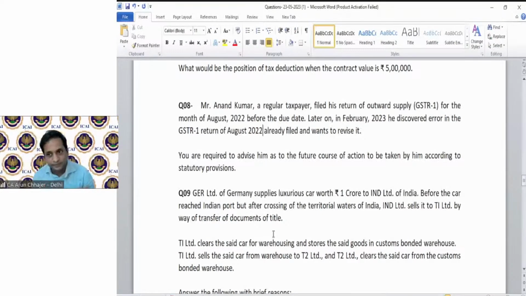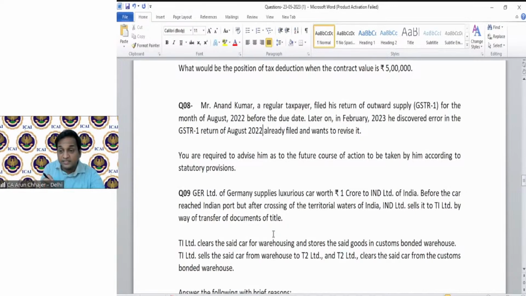Basically, what they would like to understand is what the provision is with respect to the revision of GSTR1. That's it. Very theoretical question. So in the GST, there is a provision, section 37 subsection 3, for the GSTR1. It simply says that whenever you find the mistake, you can rectify.